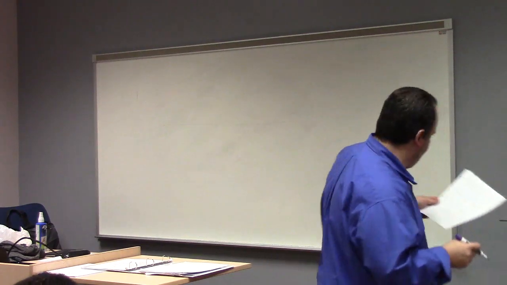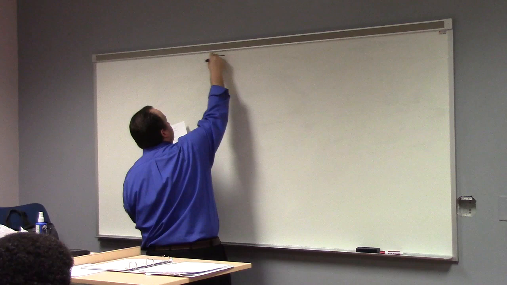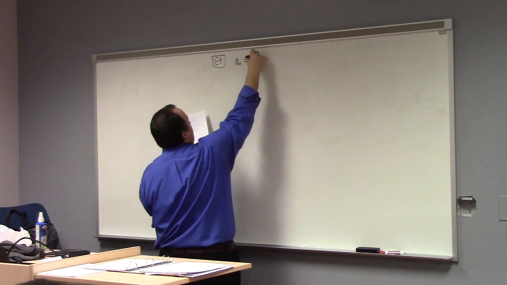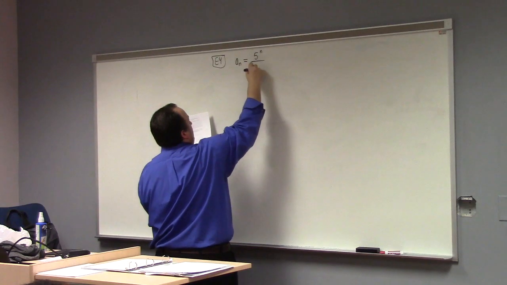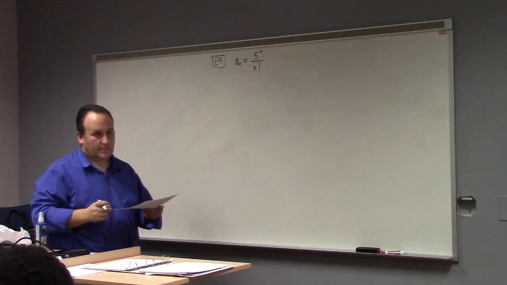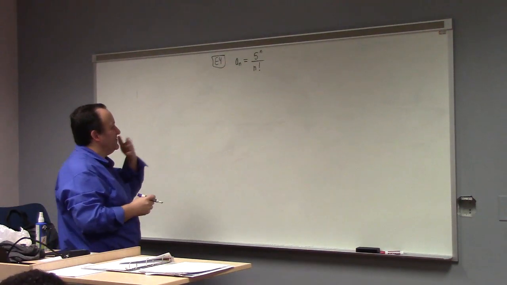So here's example 4. Check this one out. We've got a sub n equals 5 to the n over n factorial. I'm going to show you the trick.